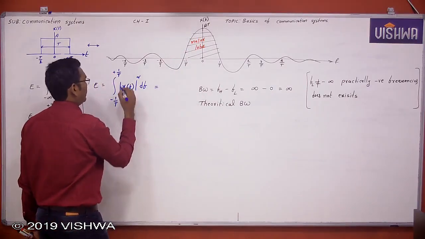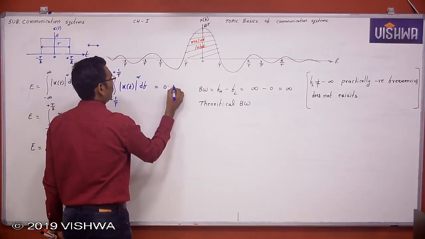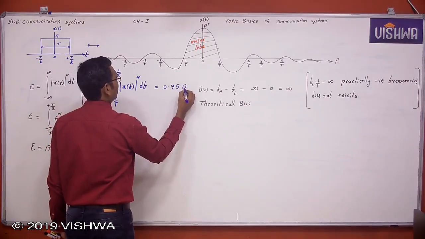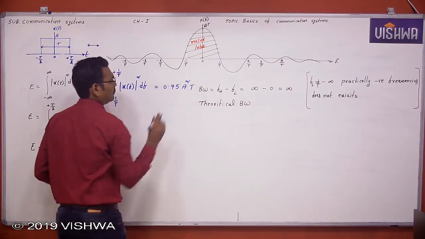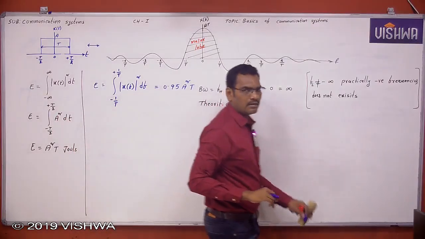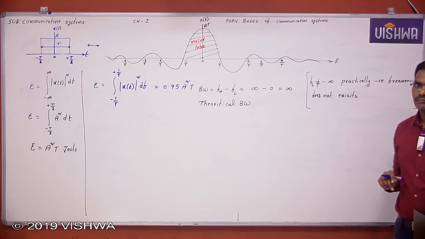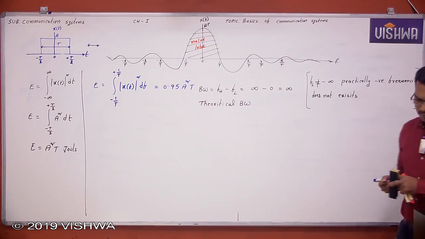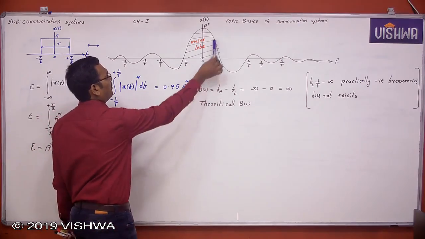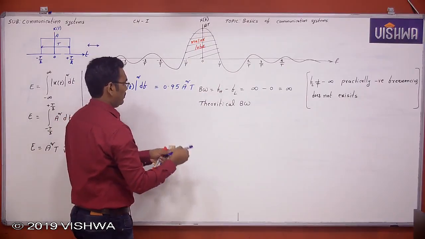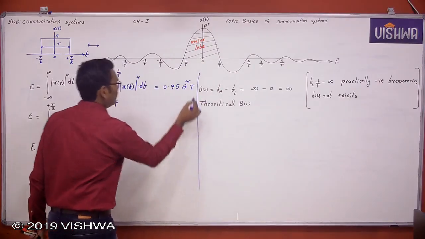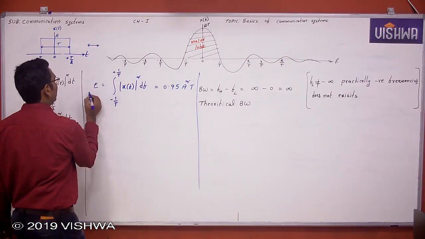Now this is nothing but 0.95 A square into T. Is that right or not? Now this is in the major lobe. Now what is the meaning of this? It is the energy in the main lobe.